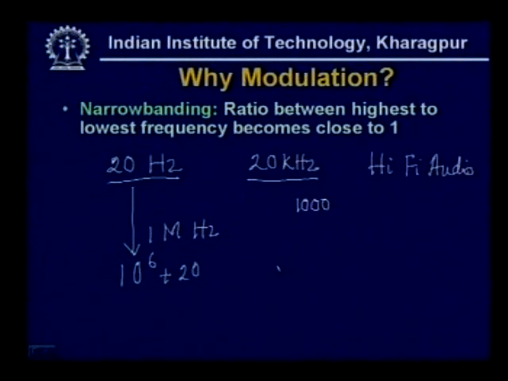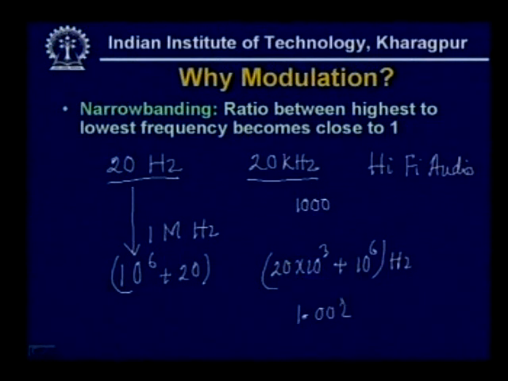and the highest becomes 20 into 10 to the power 3 plus 10 to the power 6 hertz. If you take the ratio between the two, the ratio will be only 1.002.